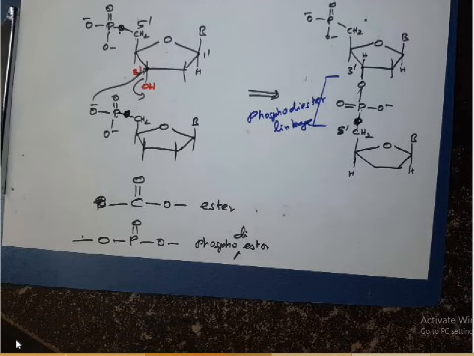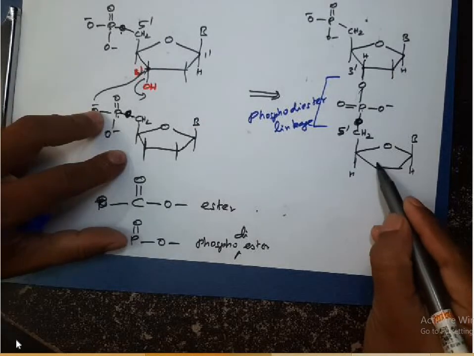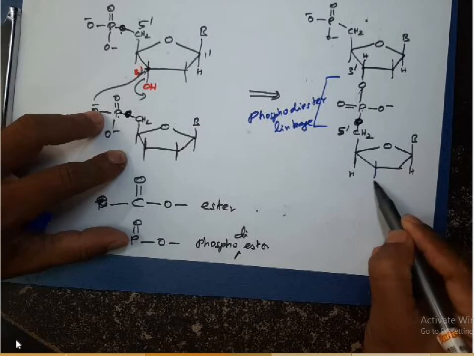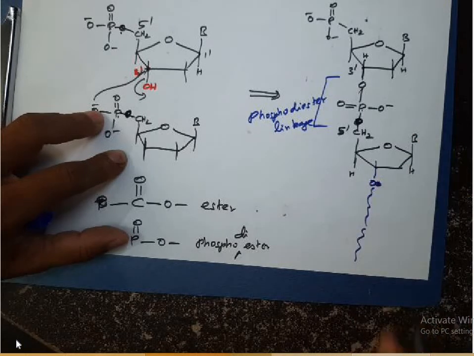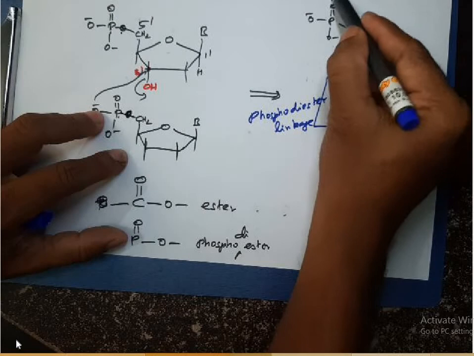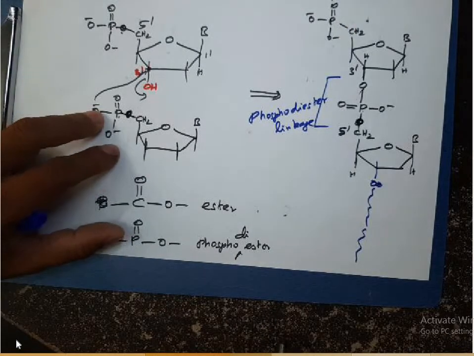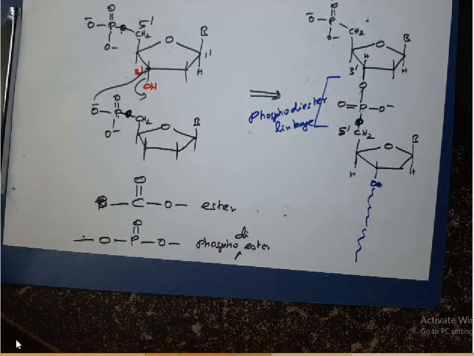Then the OH group of this carbon, this ribose, is connected to the next nucleotide, so the chain goes like this. Similarly, here also the chain goes like this. You will get what is called the polynucleotide chain, also called nucleic acid. Is this clear, students? Any doubt?